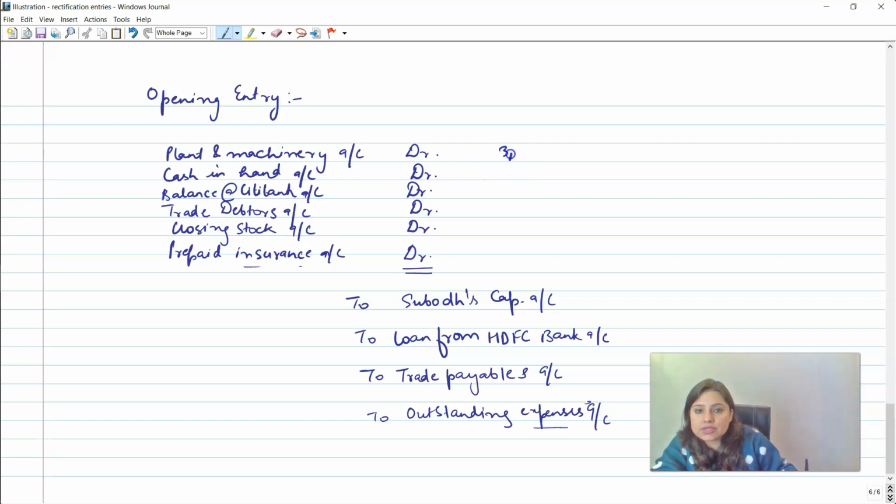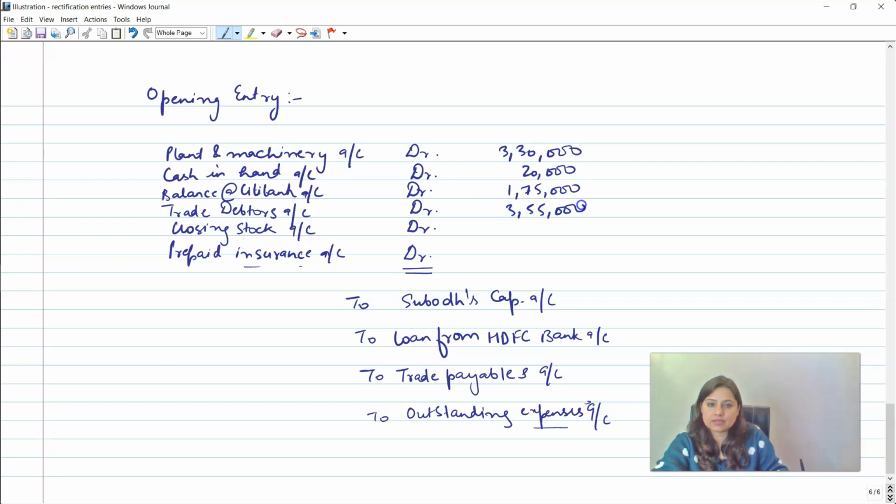So for plant and machinery, the opening balance is 3,30,000. Then for cash in hand, we have 20,000. Balance at Citibank is 1,75,000. And then we have 3,55,000 for trade debtors.